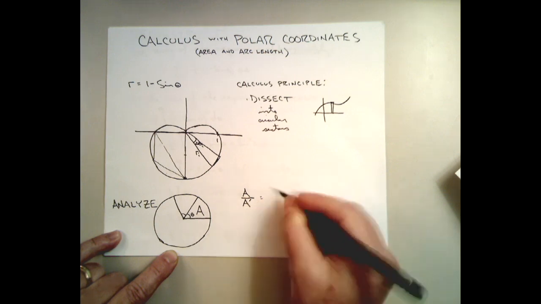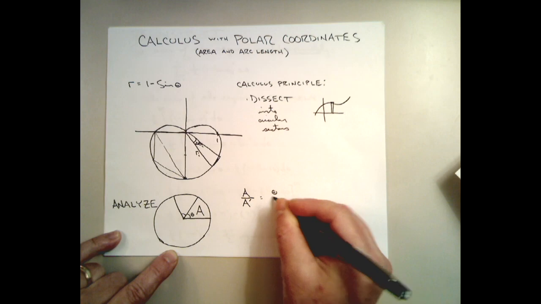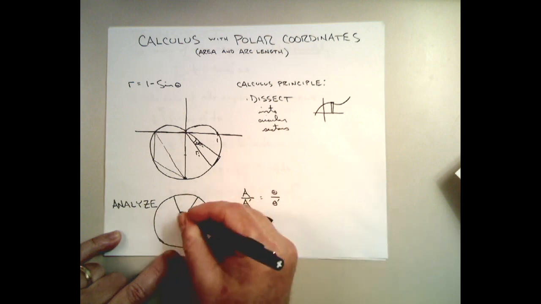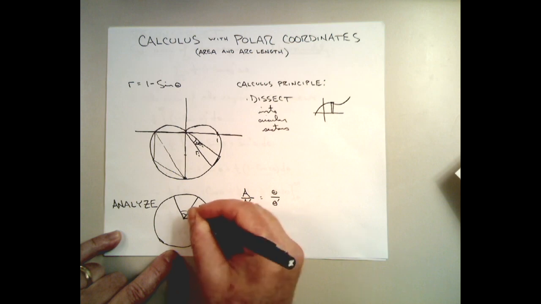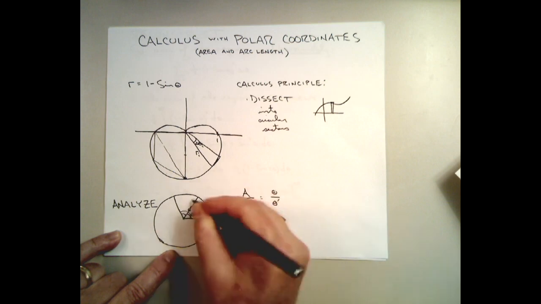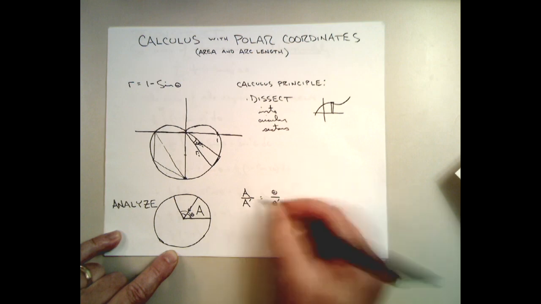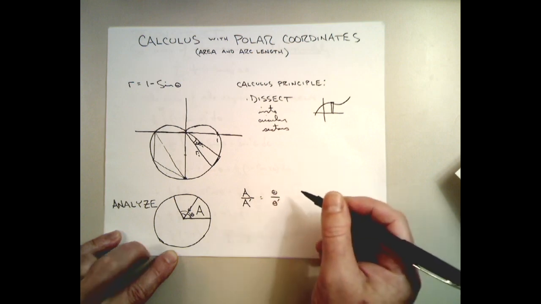But theta over theta prime, right, so theta prime is this entire angle here, theta over theta prime is also going to be 1/2. So these ratios are going to turn out to be the same.